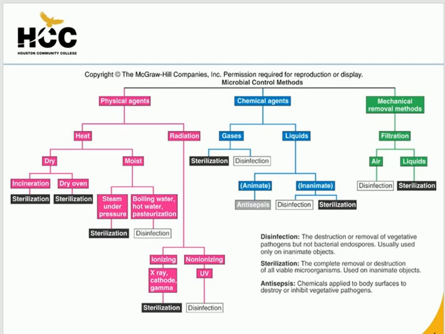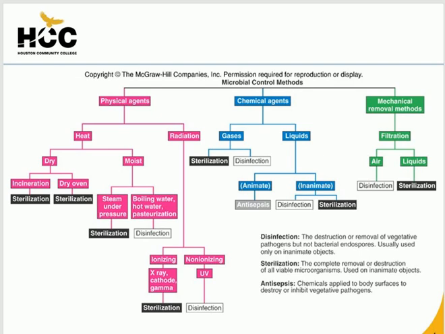If it is dry, it can be incineration or something like a dry oven. Incineration will do sterilization, and dry oven will do sterilization. So in both cases, you're doing sterilization. For moist, not necessarily. If it's moist under pressure, this will cause sterilization, and this is like the autoclave.